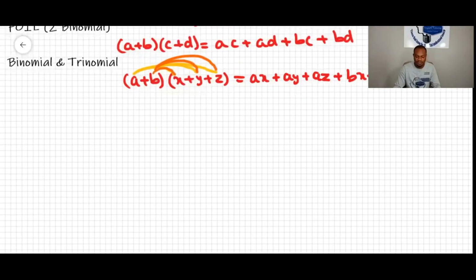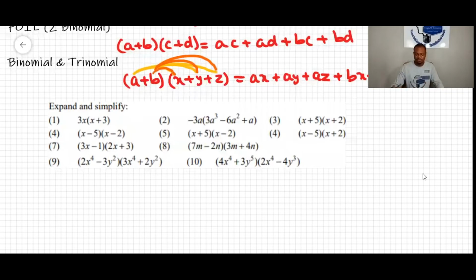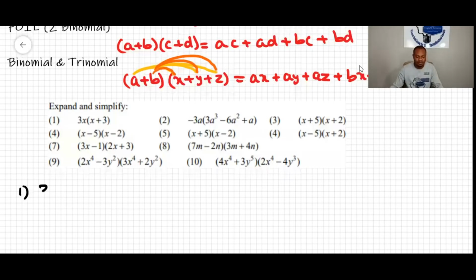Yeah, let's start. All right, so we have these exercises to do. Question 1, for instance, says 3x, open bracket, x plus 3.